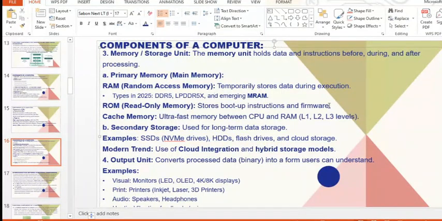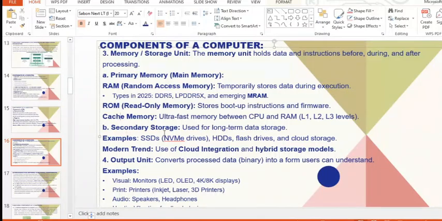Then we can talk about the cache memory, which is an ultra-fast memory, between the CPU and the RAM: L1, L2, L3. You're going to talk about this as we proceed with the cache memory, because it's a subtopic of its own.